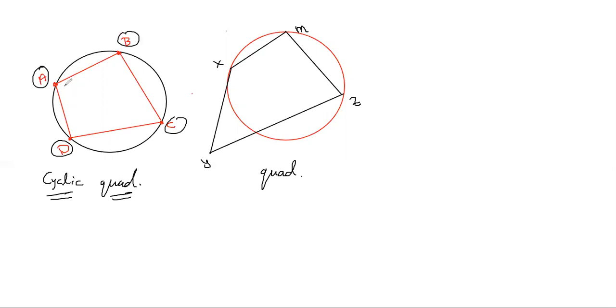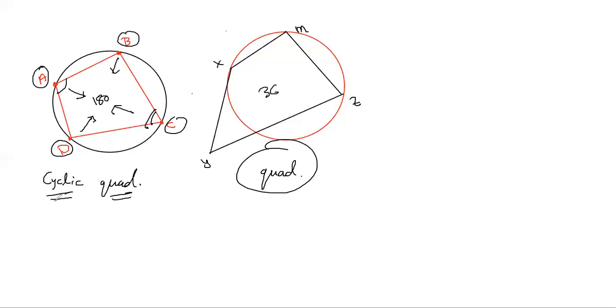Now the relationship between them: every 2 opposite angles add up to 180. Those 2 angles add up to 180, and those 2 angles add up to 180, which means 360 degrees. Every quadrilateral adds up to 360.